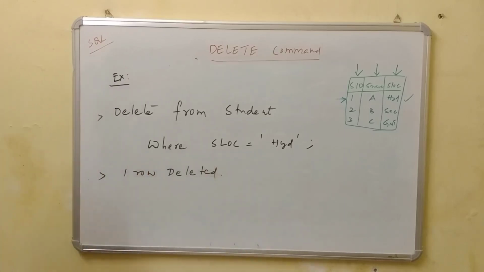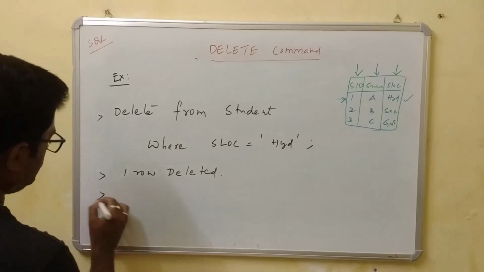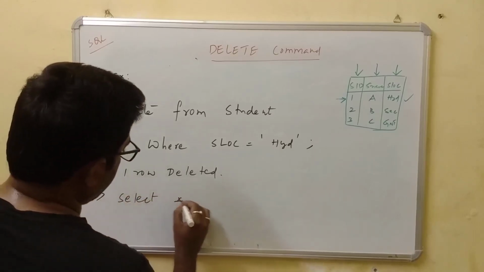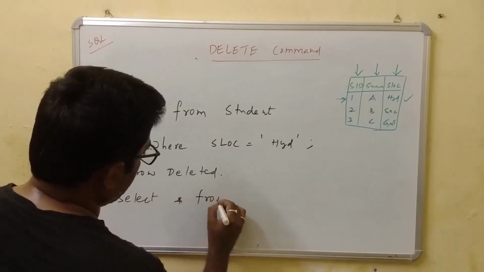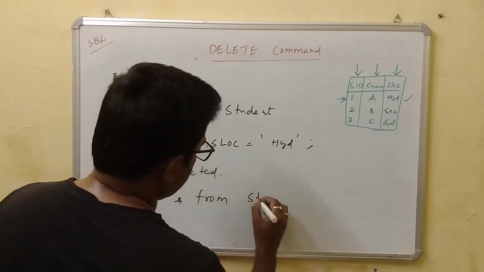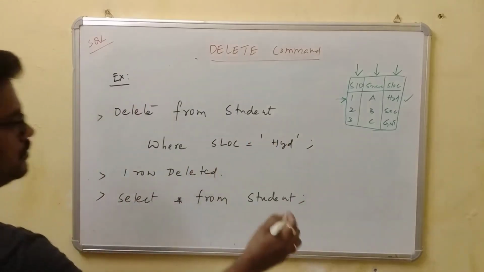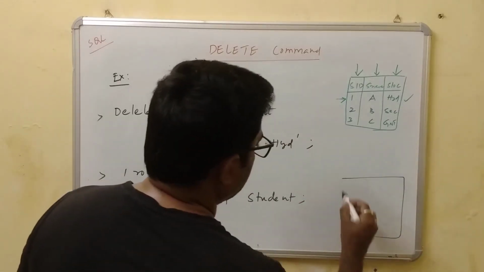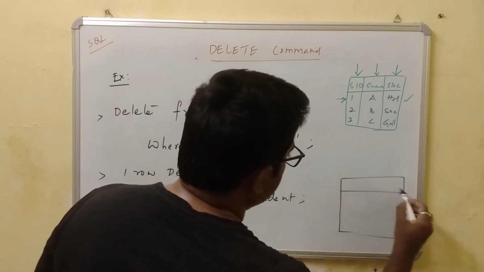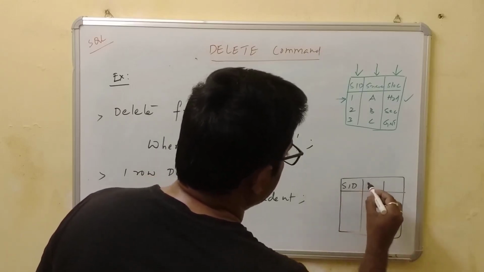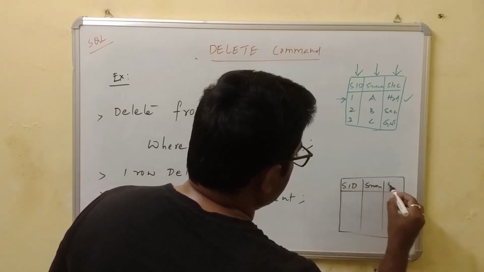Right? After deleting this row, if you want to see the effect, you need to type select star from student. If you type this, we can get the table like this, the result after deleting, with SID, SName, SLocation.